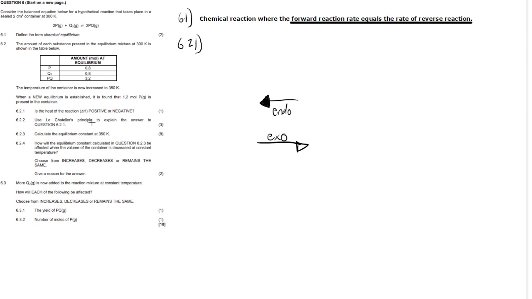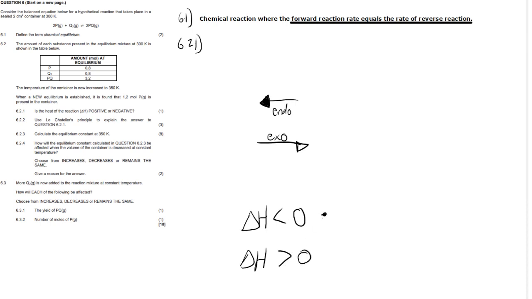So let's have a look. 6.2.1 is the heat of the reaction. That means enthalpy change, positive or negative? Now we need to remember what happens when enthalpy change is greater than 0 or when it is smaller than 0.